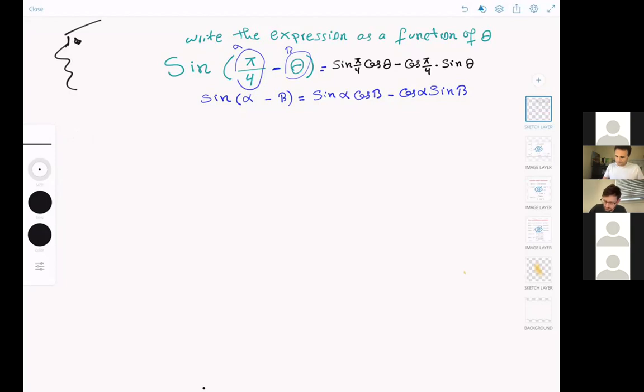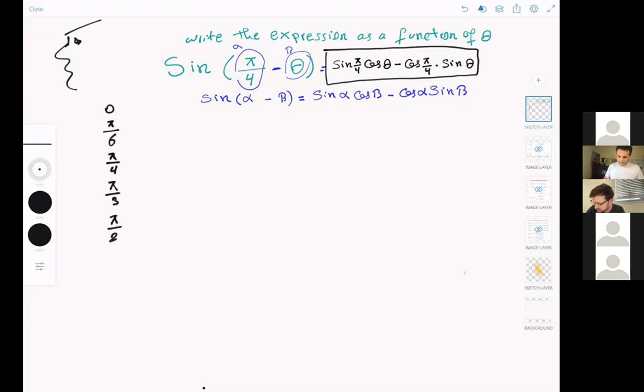So anytime you see 0, pi over 6, pi over 4, pi over 3, and pi over 2, this is something that we like, correct? Because you have it in the unit circle.